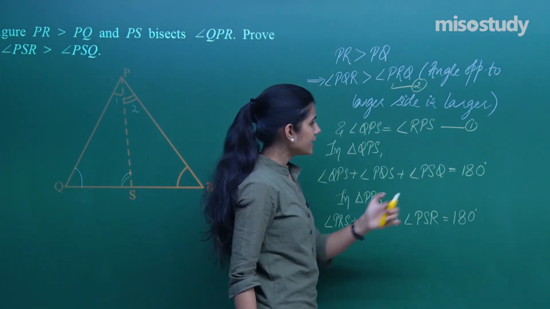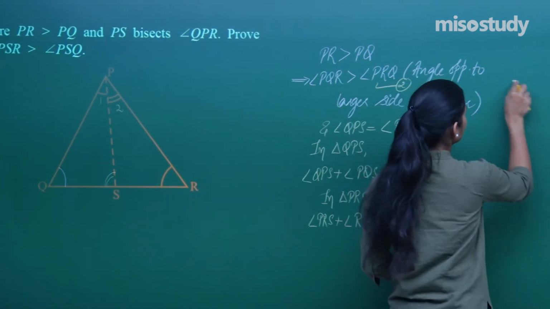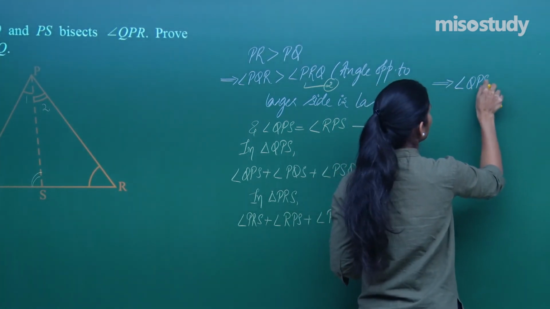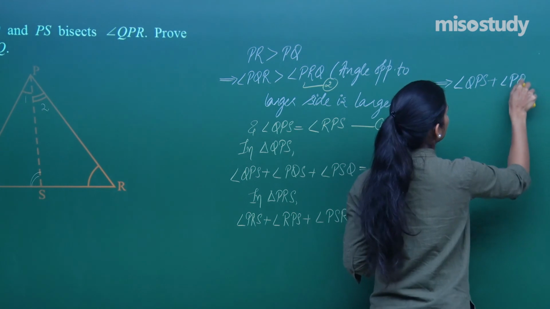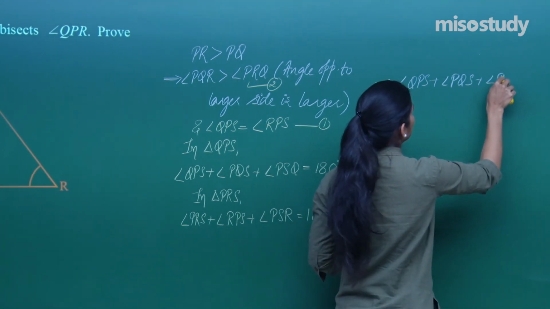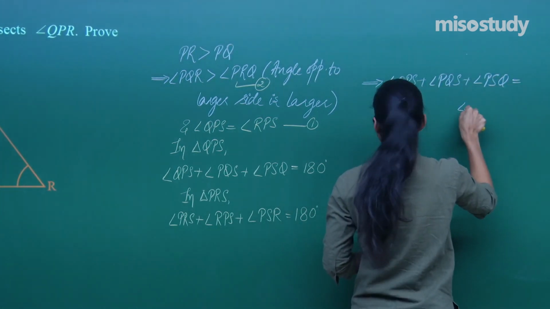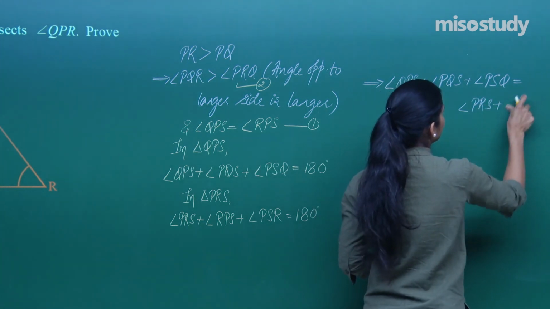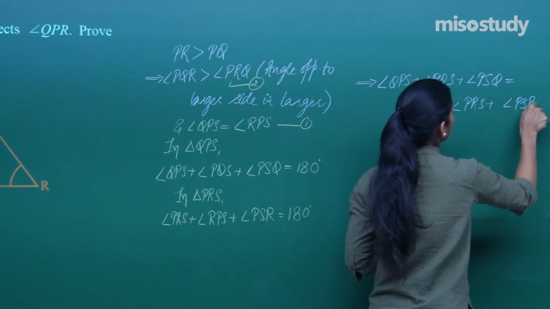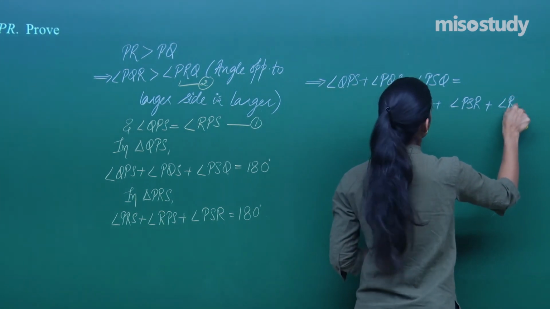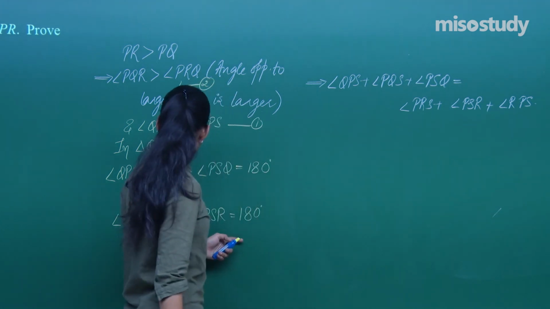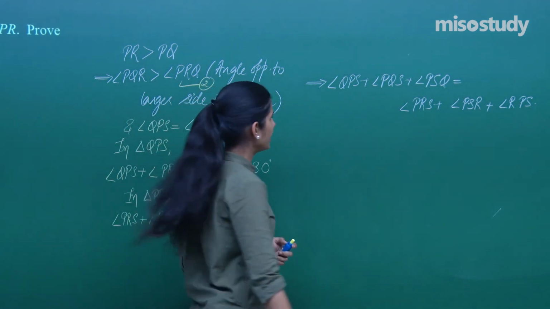Both these sums are equal to 180, that means these two sums are equal to each other, so you have angle QPS plus angle PQS plus angle PSQ is equal to angle PRS plus angle PSR plus angle RPS. Fine? They both are equal.